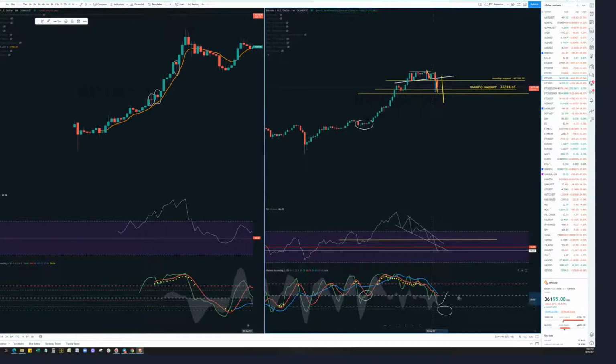So on the weekly, we've got a bit of work to do. But the good thing is the red just hit the 50% level. If this green was to turn back up, we might have a good week, or a good month, sorry. This so far is not that bad considering. I'm using these indicators on the weekly to gauge what's happening and what is likely to happen moving forward.